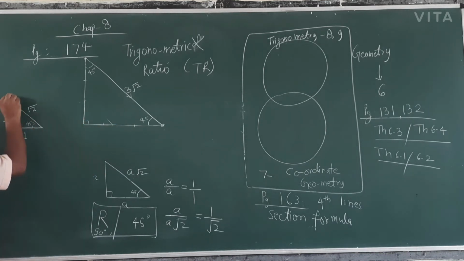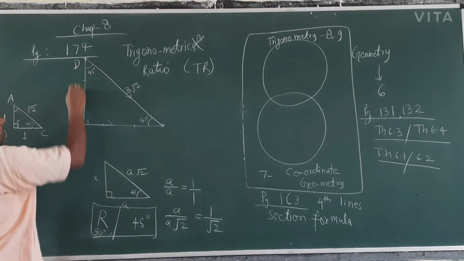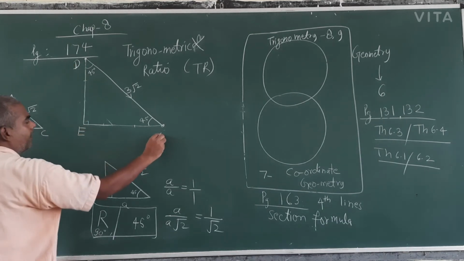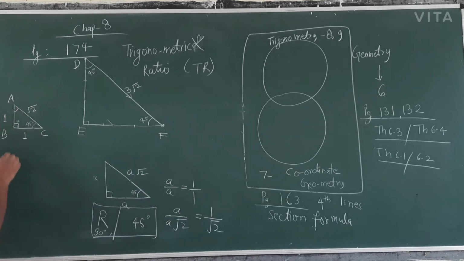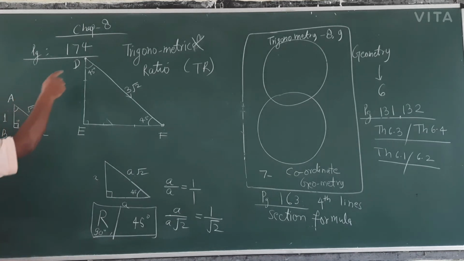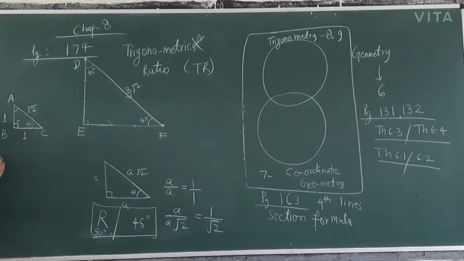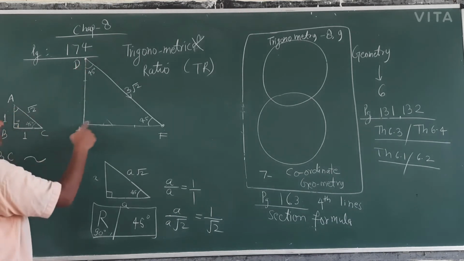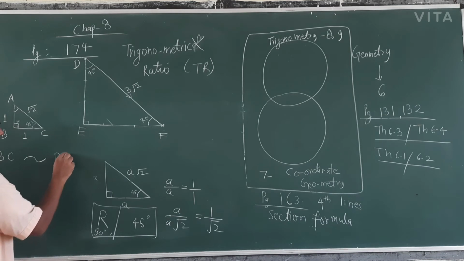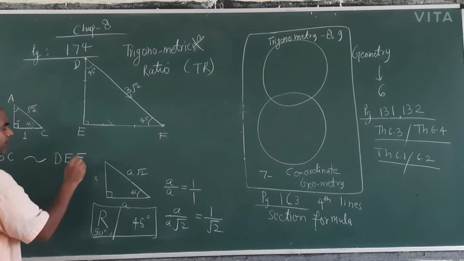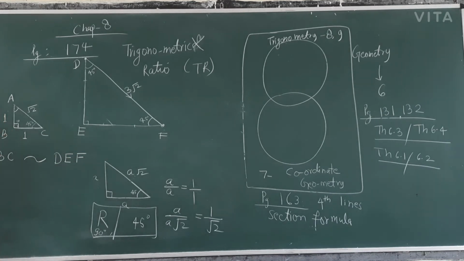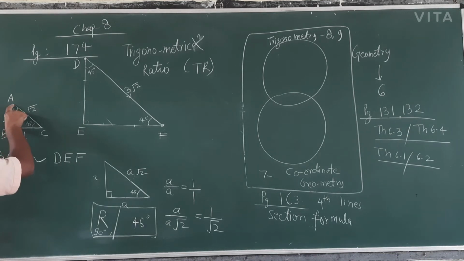This is suppose A, B and C, and this is D, E and F. In chapter number 6, what was written? Angle A is equal to angle D, means ABC similar to DEF. DEF.